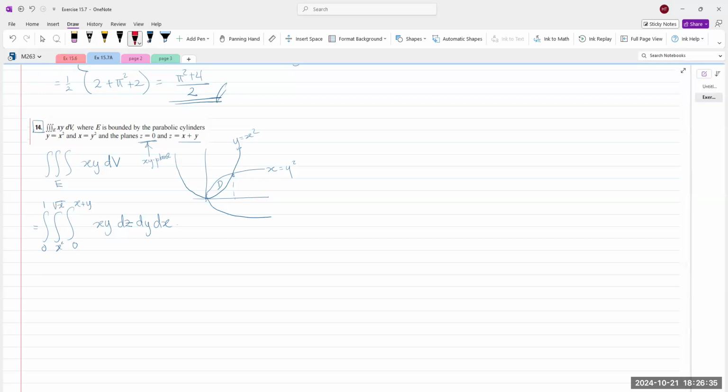Okay, because as the y increases, I come into that domain from x squared and I exit at square root of x, right? Okay, then the integrand is independent of z, so that will be just the length of the interval. So xy times x plus y dy dx.